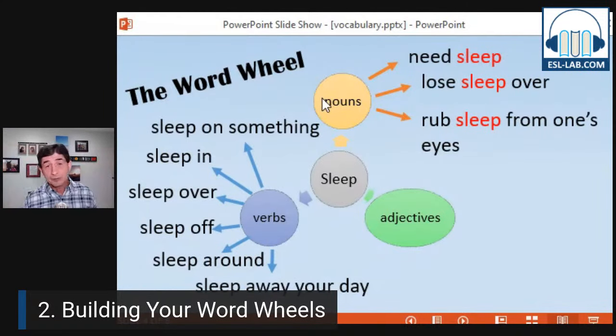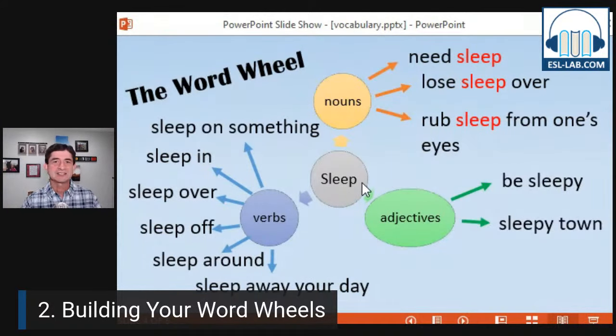Oh, I'm getting up early and I need to rub the sleep from my eyes. So again, you have the same word sleep, but now you have it as a noun. Well, what about adjectives with the word sleep? Well, to be sleepy. I'm really sleepy, but you can have a sleepy town. That means quiet. That's a very sleepy town, a very quiet town.